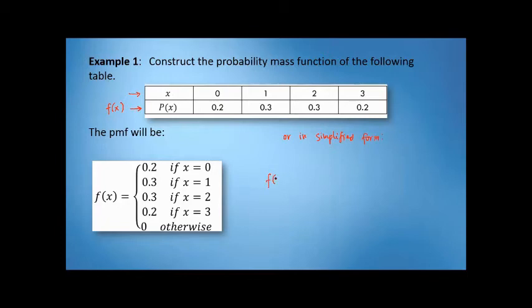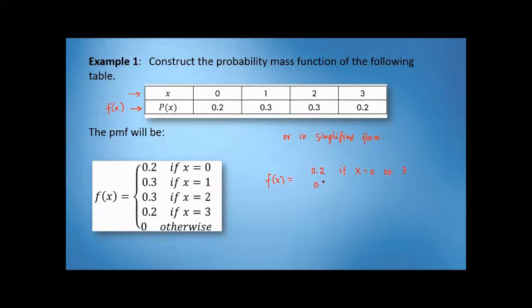So pwede siyang f of x is equal to 0.2 if x is equals to 0 or 3. So dahil parehas yung probability ng 0 at 3.